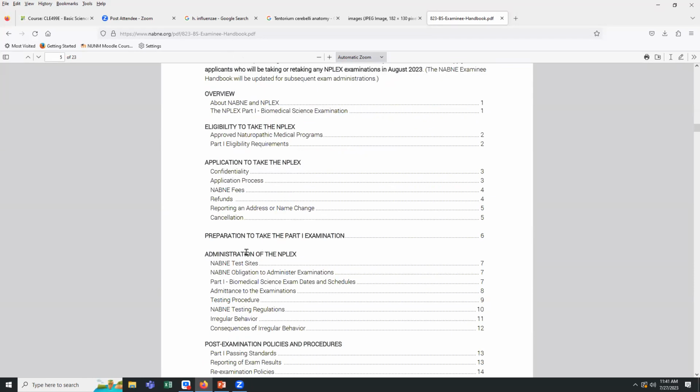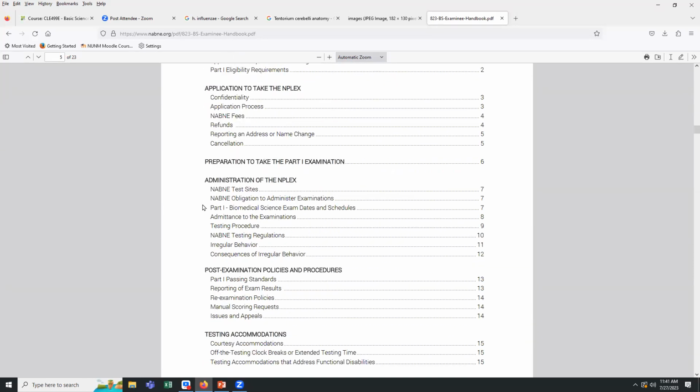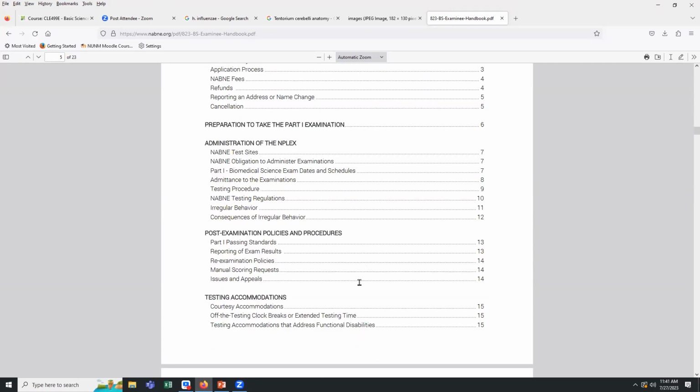It goes through all of the testing procedures, day of stuff. So if you want to know exactly what's happening, you can read through this. They're pretty chill. Their base is in Oregon. They're gentle. They're nice. They understand it's high stress.